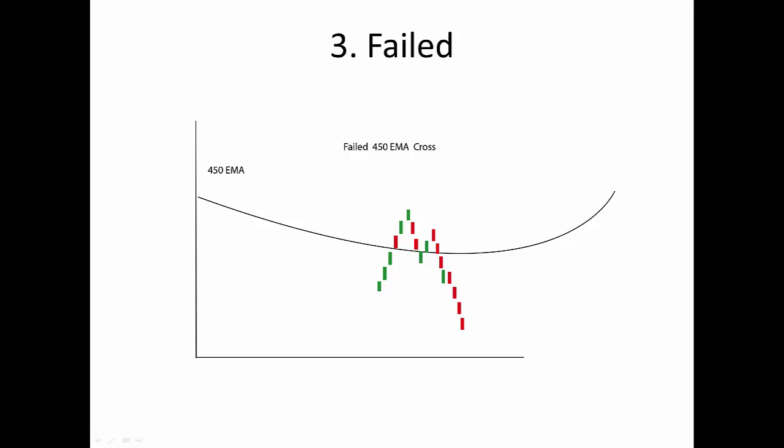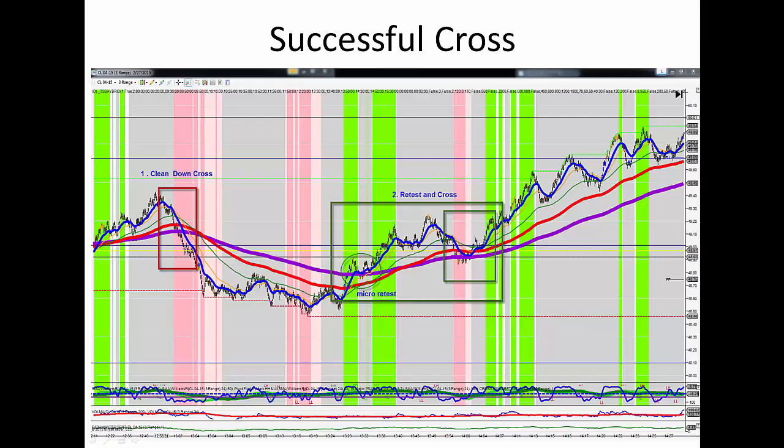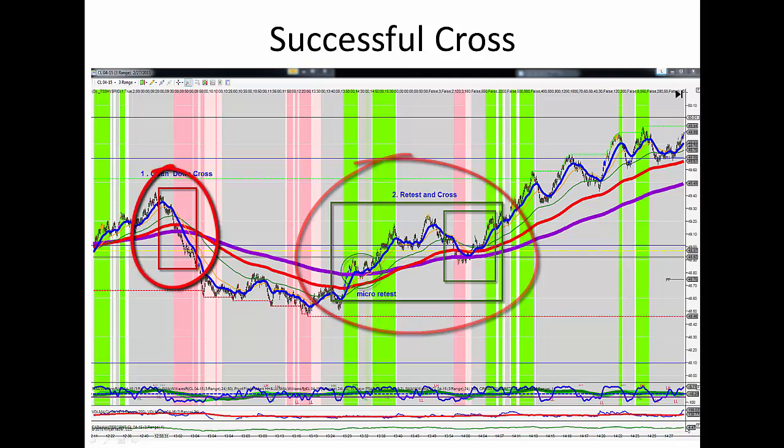Now let me show you a real life example to identify all these possible cross and retest scenarios. So let's discuss this example where I will talk a bit about this technical event and this one. Let me analyze the first event.